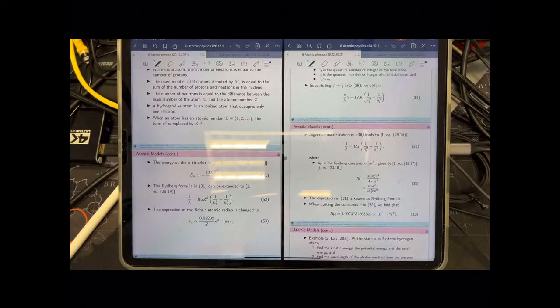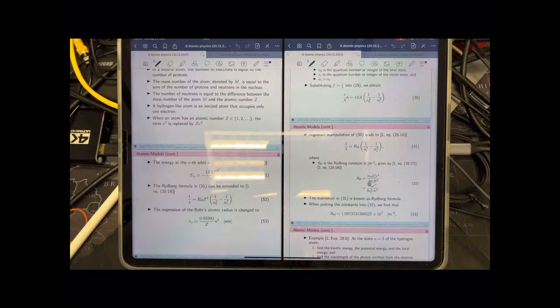As we know, e squared is replaced by Z e squared. So once we have e to the 4, it should be Z squared and e to the 4. That's why Z squared appears after the Rydberg constant, and the remaining thing will be the same, which is 1 by nf squared minus 1 by ni squared, 1 by lambda.